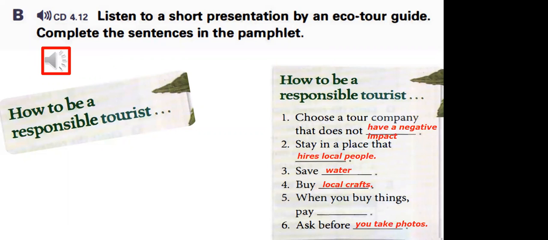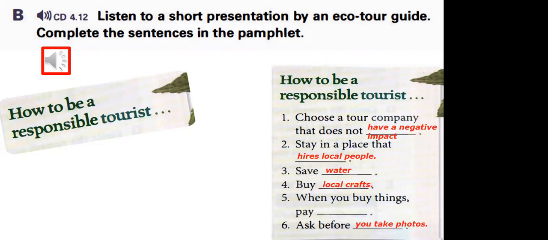Welcome to the first of our evening presentations. We hope you are enjoying the beautiful surroundings of Eco Lodge and that you like your accommodations. The presentation this evening is about responsible tourism. People often ask me what they should do to be a responsible tourist. Well, you've already made a good start because you chose our company, and we're an environmentally responsible company.